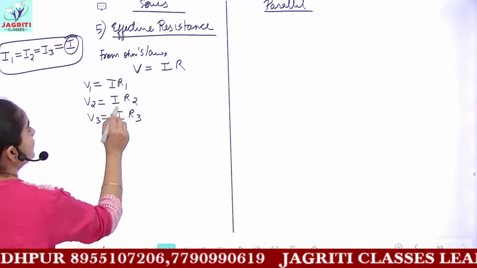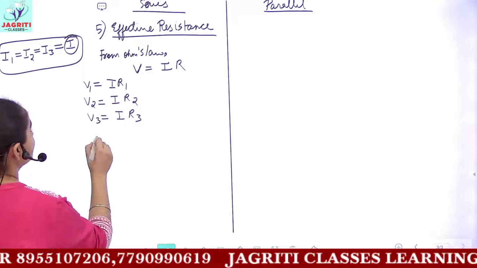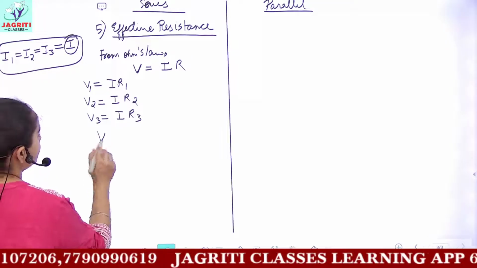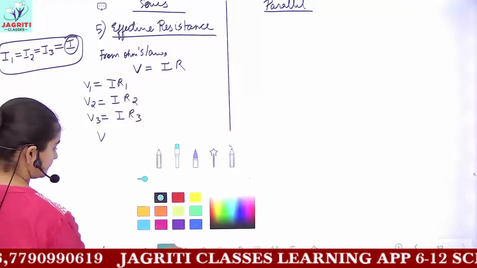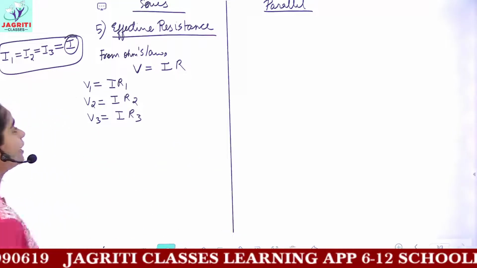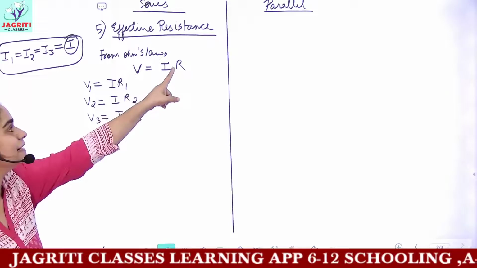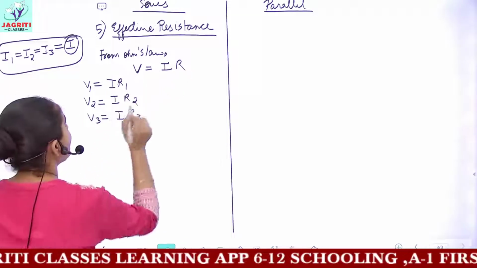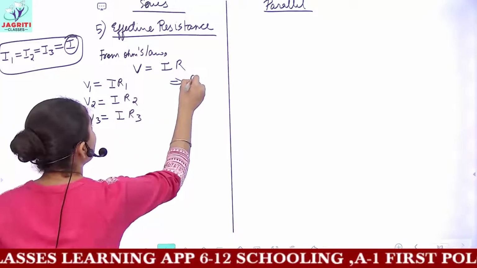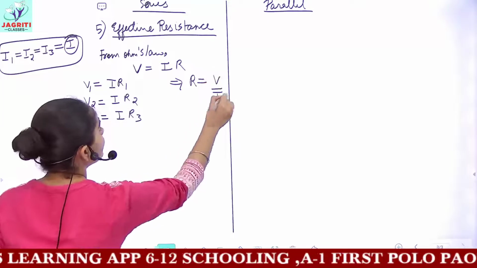So let's see, what would the total potential be? Here now we are finding the effective resistance, that is R. So the effective resistance R would be, R is equal to V by I here, okay?